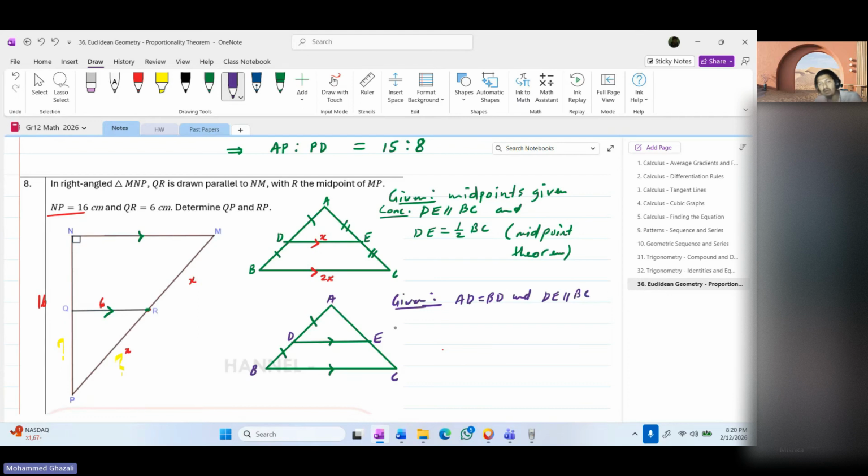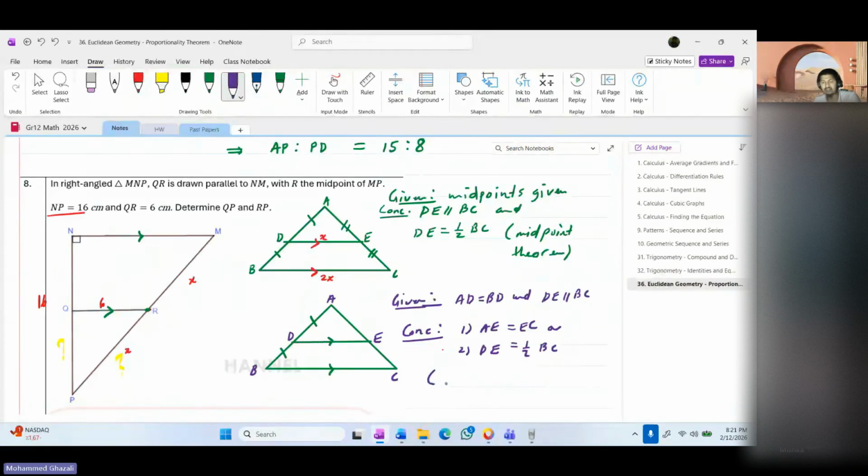Now, you're always making two conclusions here. The first part is that AE equals EC, and the second part is that DE is equal to half BC.